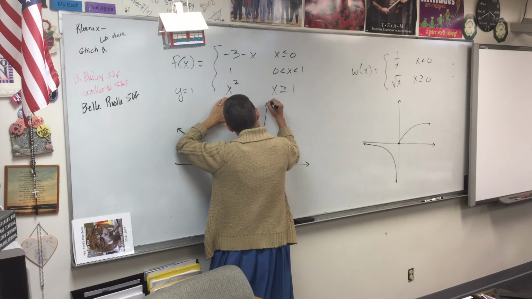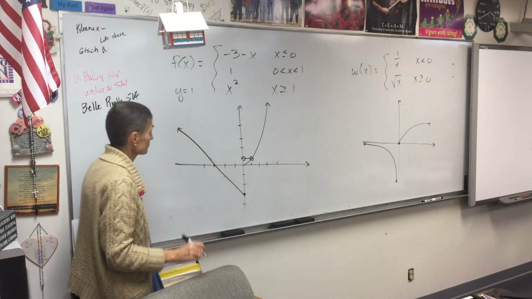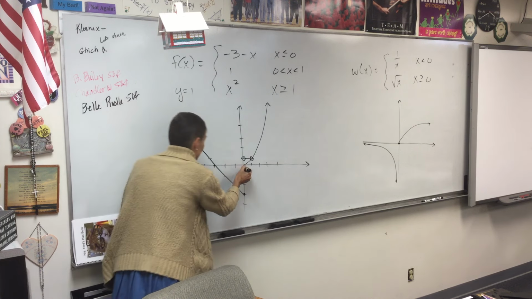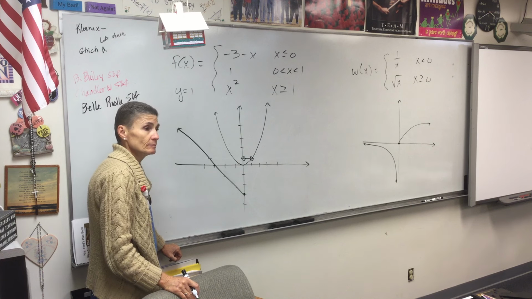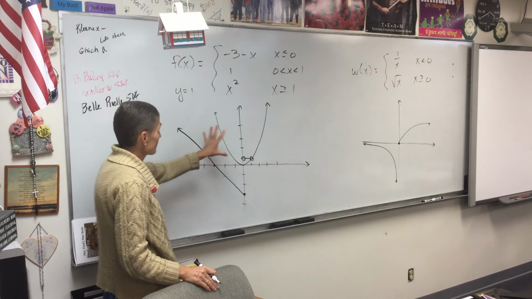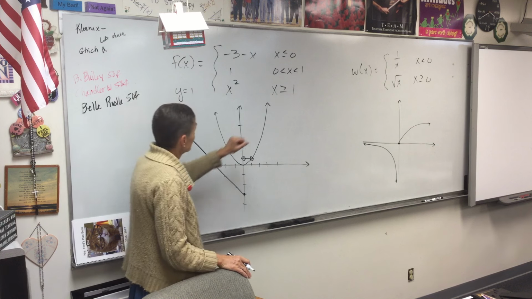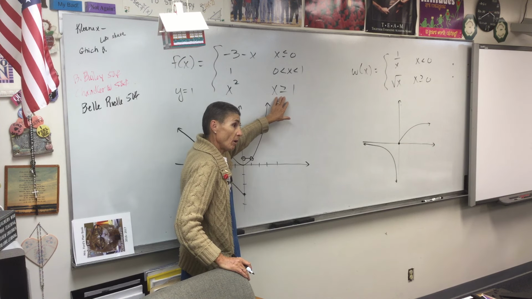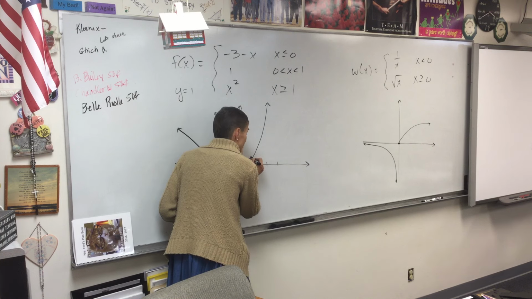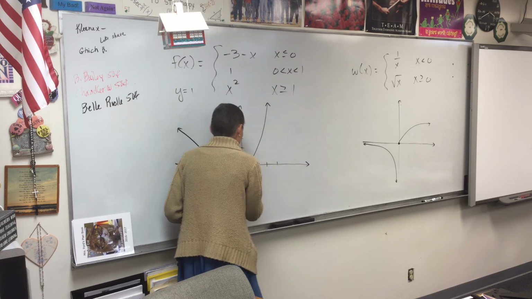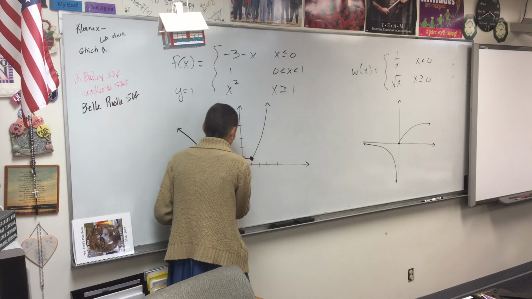I'm going to go ahead and sketch it. Oh, there we go. There's my parabola. What part of that do I want? Only the part of it where x is 1 or bigger. So I don't want this part.